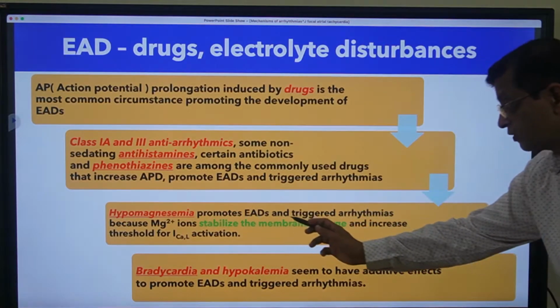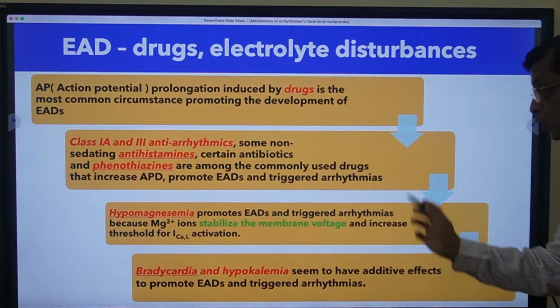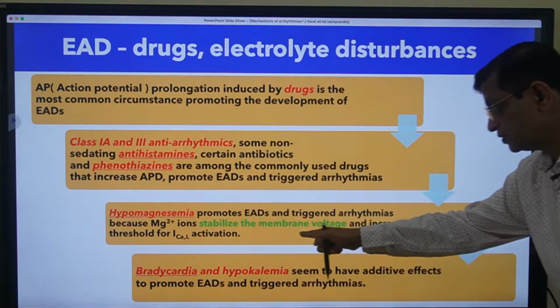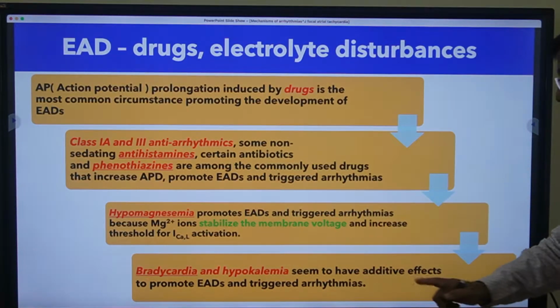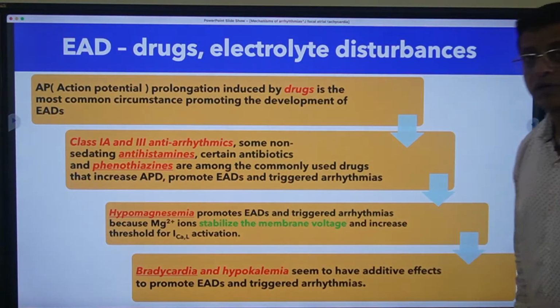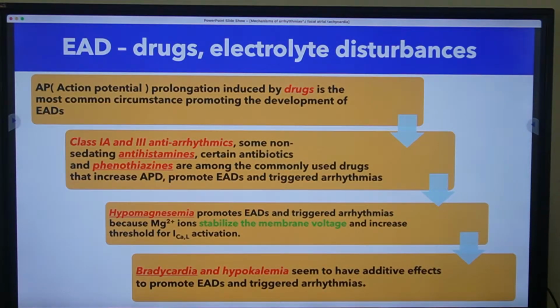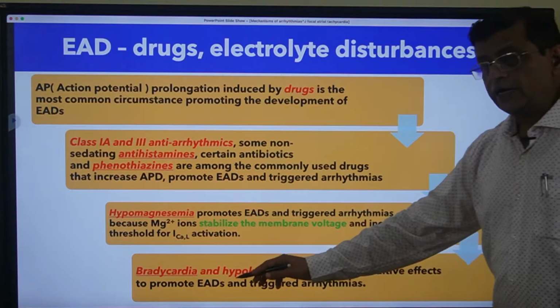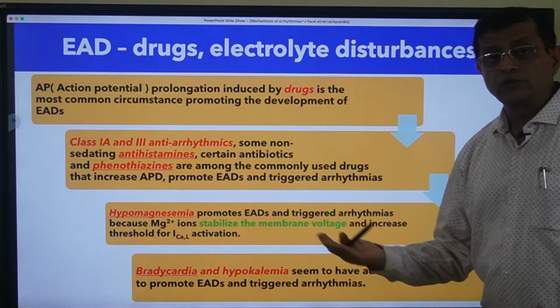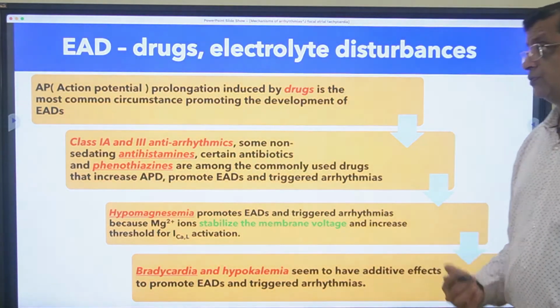Hypomagnesemia promotes early after depolarization and triggered arrhythmias because magnesium stabilizes the membrane voltage and increases the threshold for L-type calcium channel activation. Bradycardia and hypokalemia also promote the development of early after depolarization.